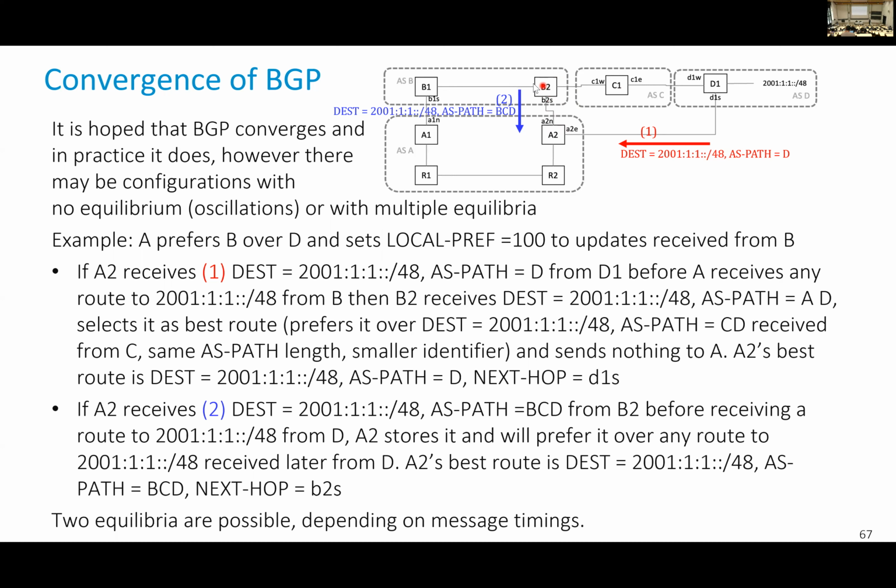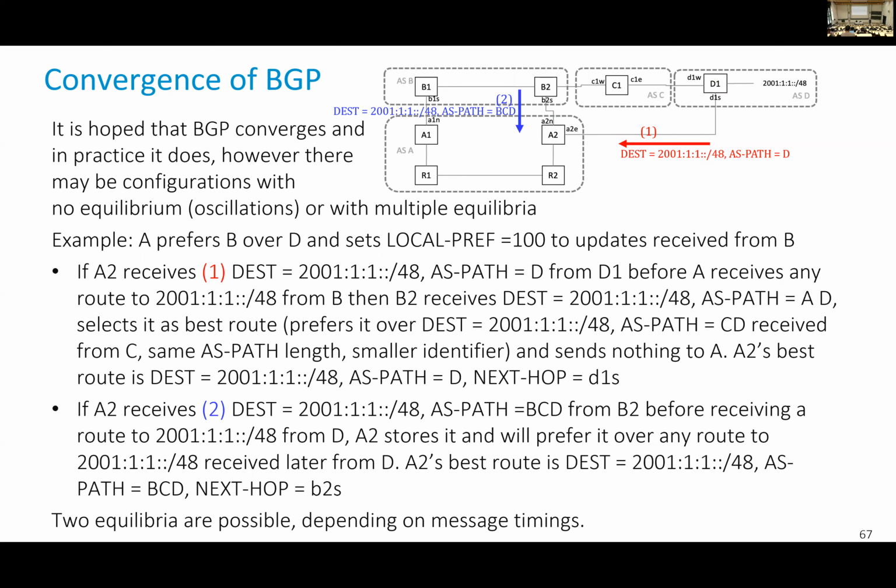As a consequence, B2 will not inform A2 of the route which is via C and D. That's a consequence of the rule that BGP announces only the best routes. Right? So router B2 knows of other routes, but it announces only this one. And since the route is coming from A2, it will not repeat it to A2. So AS A will route directly via D, and B will route via D here, in spite of the preference.